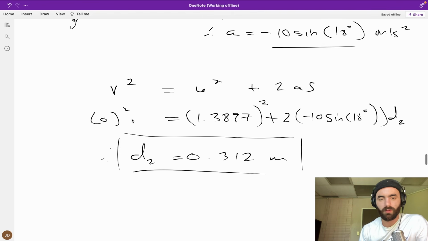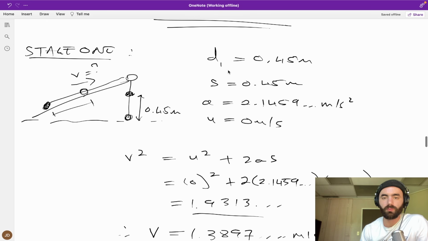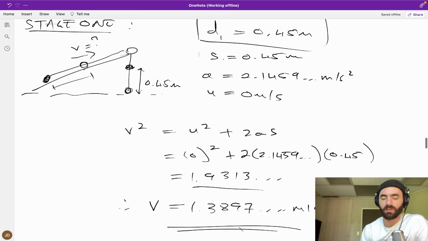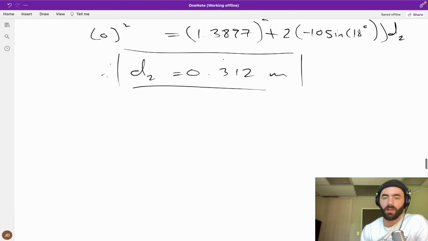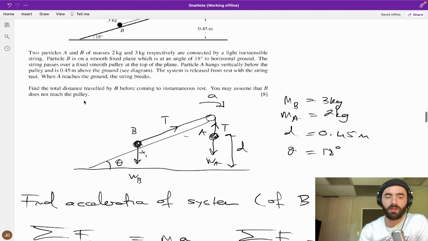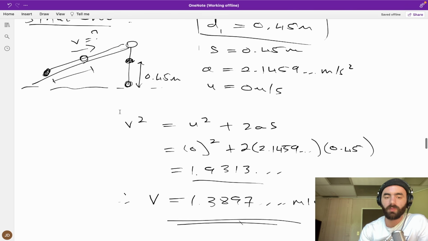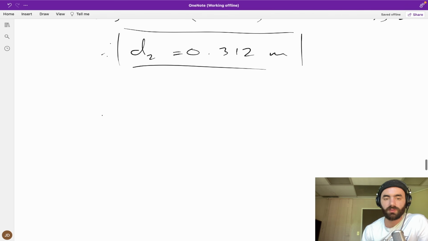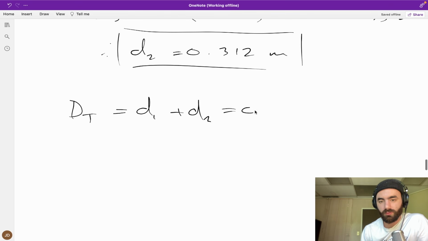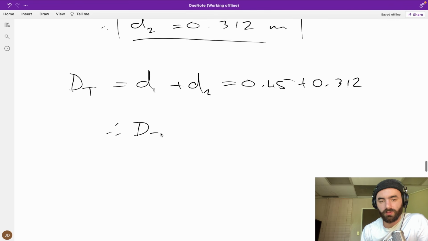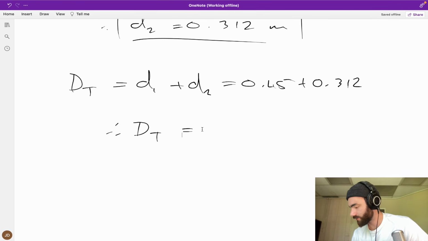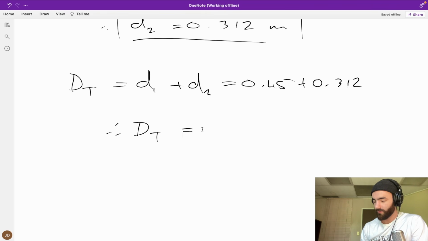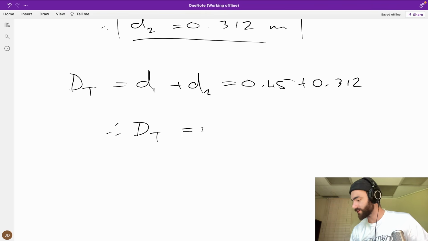Okay, so we have the distance in stage 1, which was 0.45 meters, and the distance in stage 2 after the string is broken to the point where it's instantaneously at rest. So then we can find the total distance traveled by B until it comes to instantaneous rest. So d total will simply be d1 plus d2 equals 0.45 plus 0.312, which is 0.762.